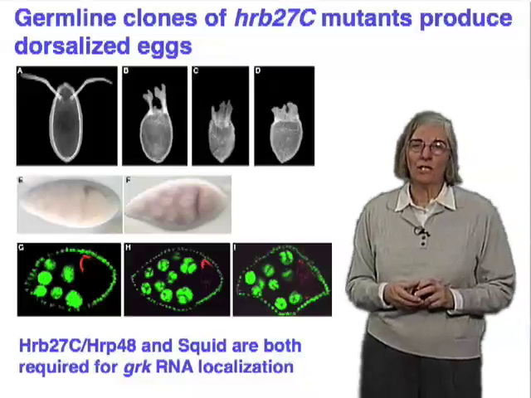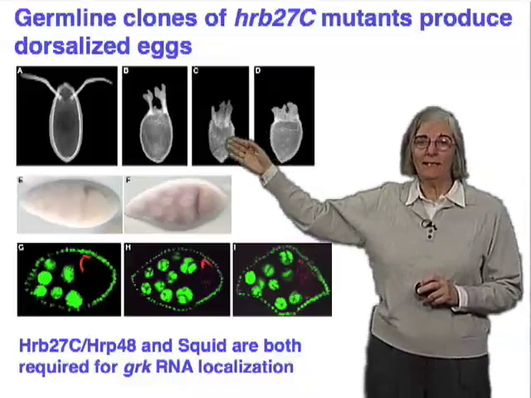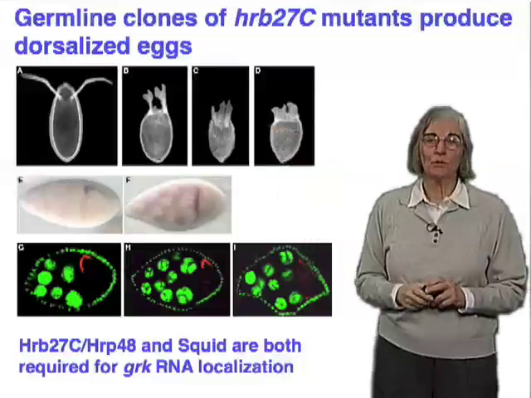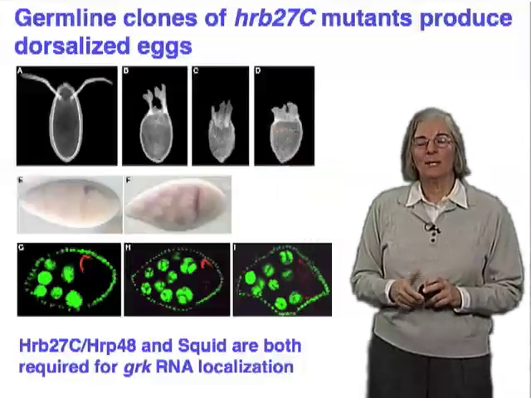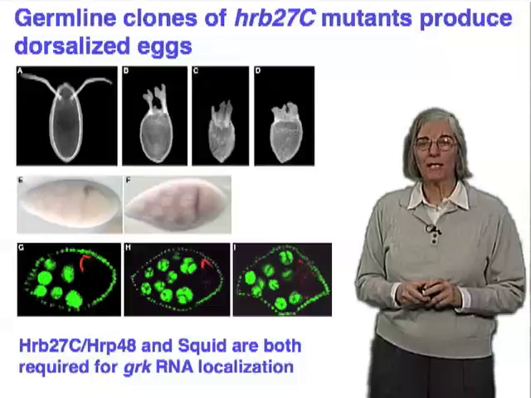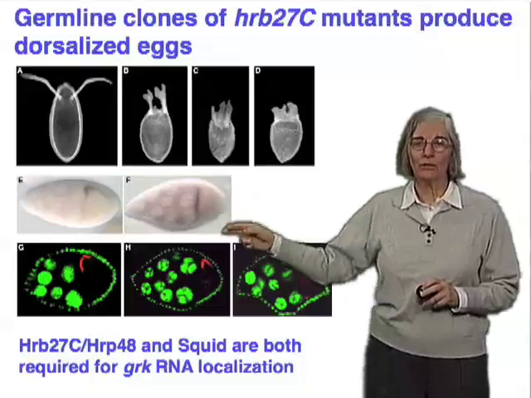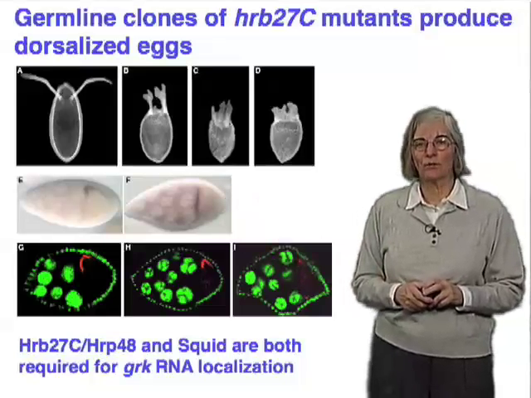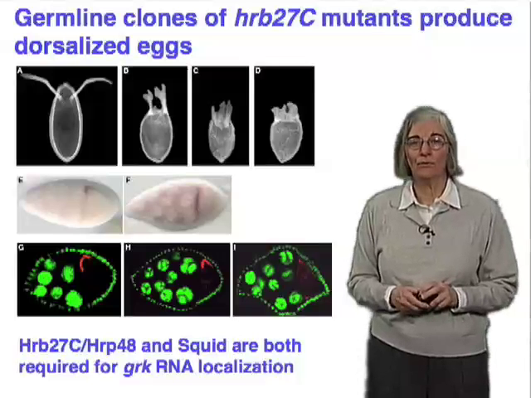Performing such a test, Jennifer found that indeed the eggs produced by such germline clones were also dorsalized, and importantly, the Gurken RNA was not localized correctly in these mutant egg chambers.